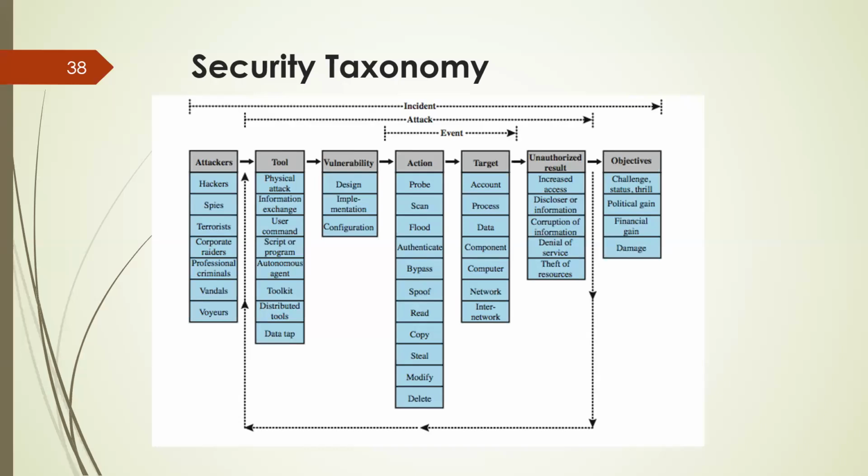So these are part of the things that unauthorized users can do. Look at the last one here, objectives. The aim is to see the purpose of carrying out these attacks. Attacks are carried out just to challenge themselves, especially for white hackers, or people who just want to change a status.